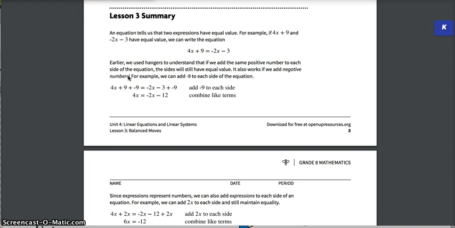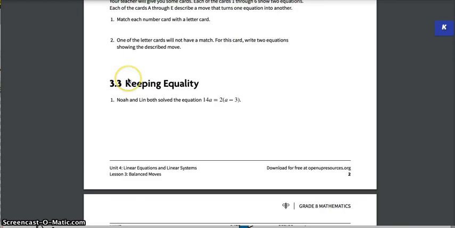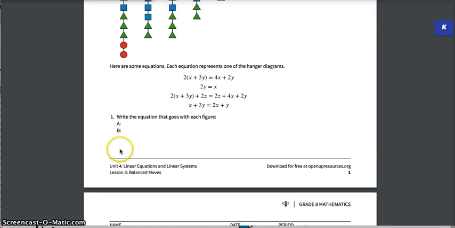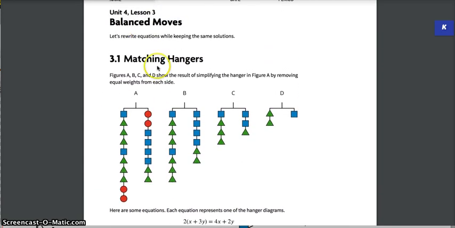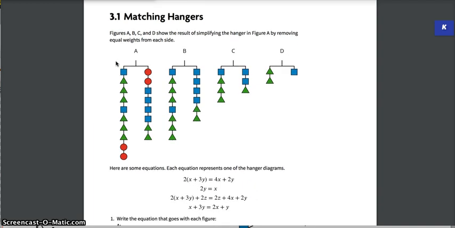So with that being said, scroll back up or turn your page to the first part of this lesson where you see the lesson name and then section 3.1 with matching hangers. That's where we're going to start. And we're going to take a look at these hangers and match them to one of these equations below.